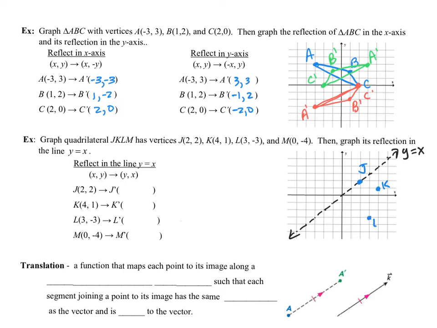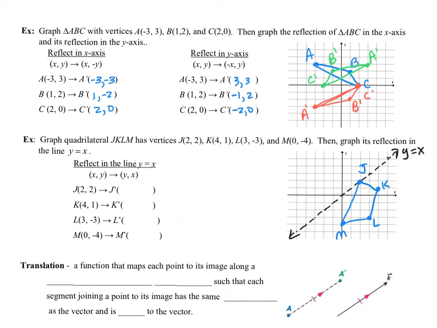There's L. And then point M is at 0, -4. So that's M. Okay, so there's our quadrilateral JKLM.